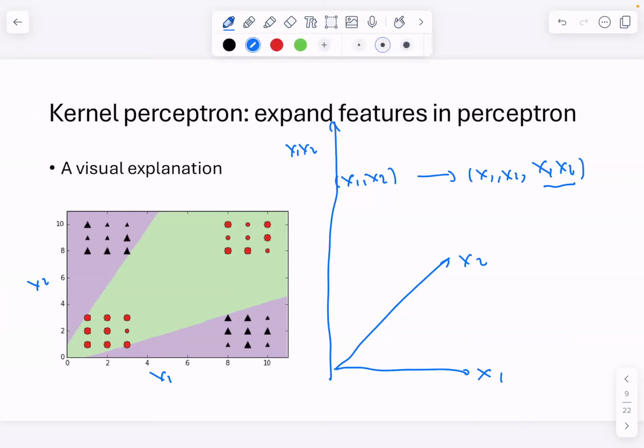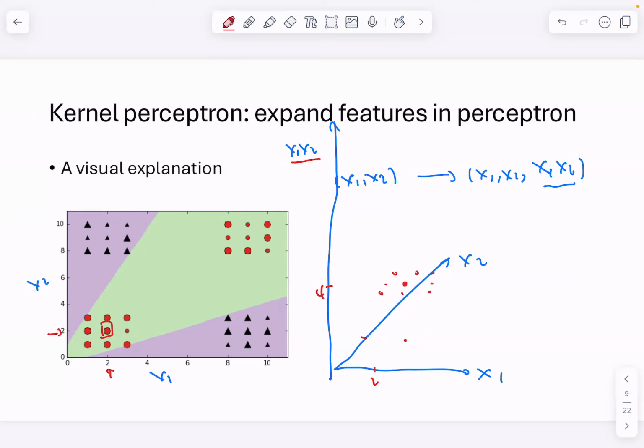What would be the position of these clusters in the new 3D space? Let's focus on the center of this cluster, about (2, 2). In the new space, it is still 2 and 2 on the xy plane, but on the new axis it would be about 4, about here.